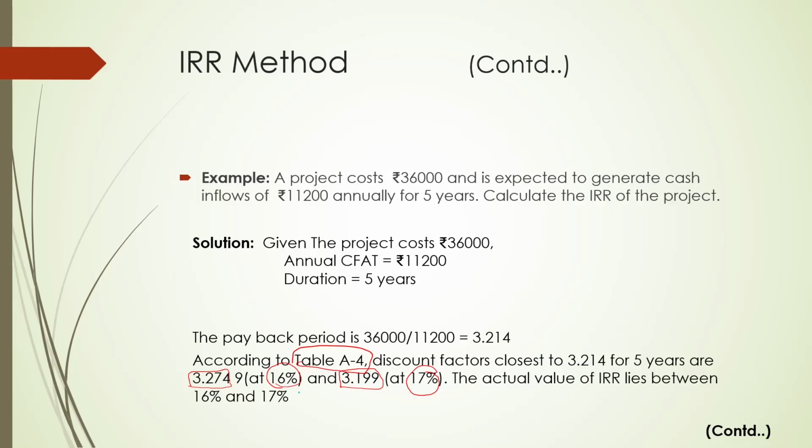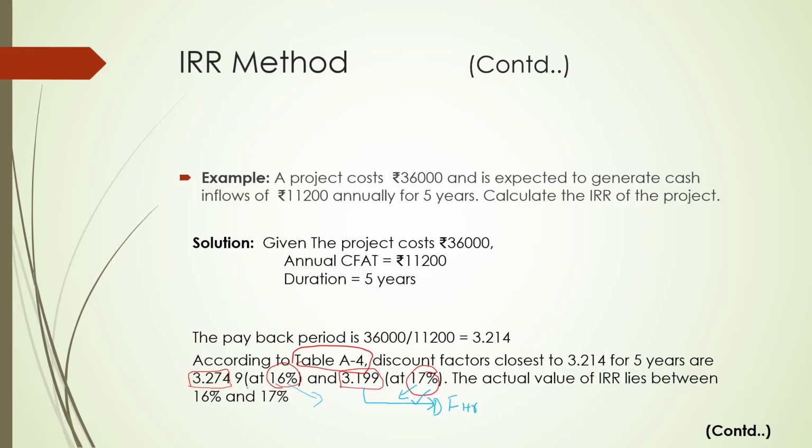So if this is 16%, this is 17%. Which is the highest one? This is the highest one. This will be your DFHR, that is 3.199.